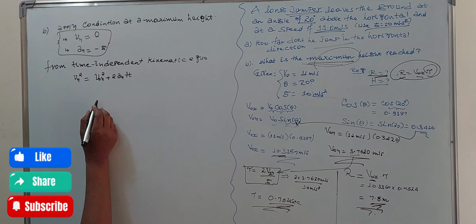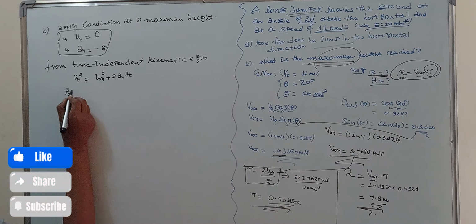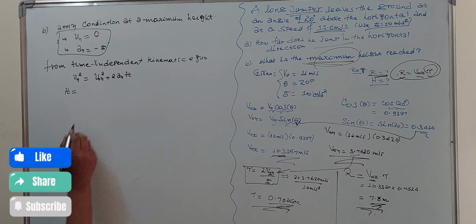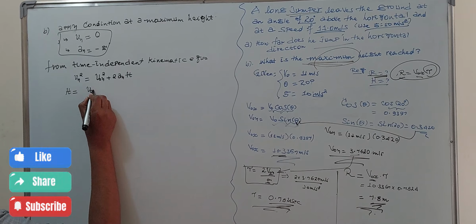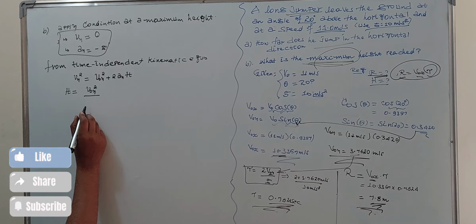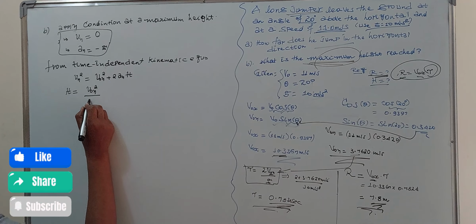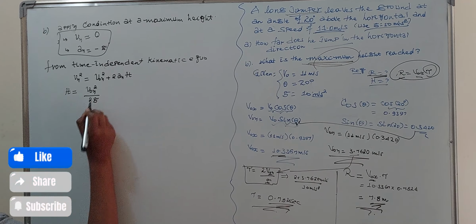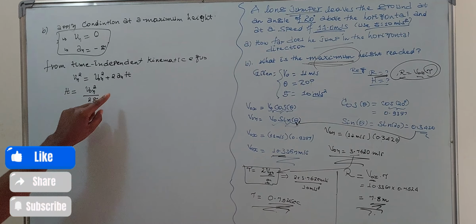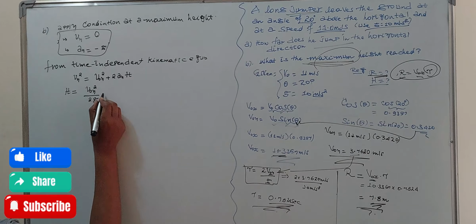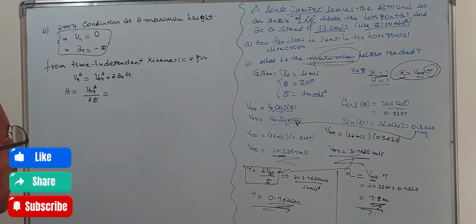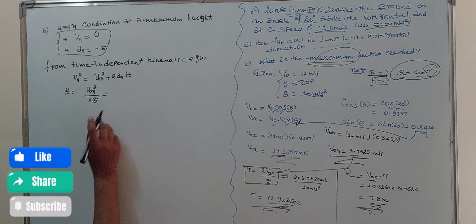From this equation, we can get the height: h is equal to V sub o sub y square upon 2g. We have all parameters, you just need to plug them in.